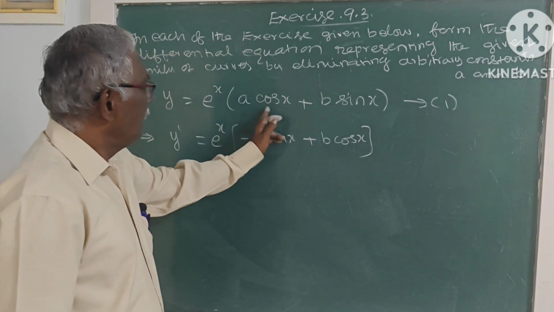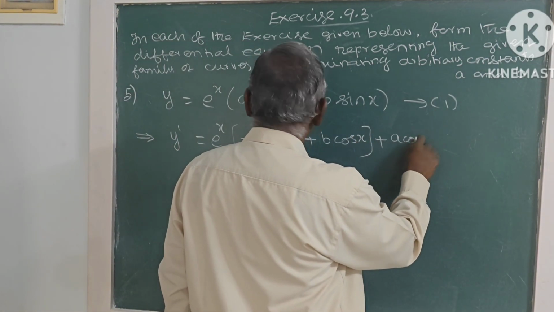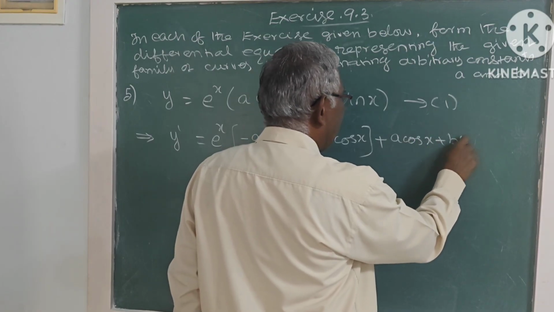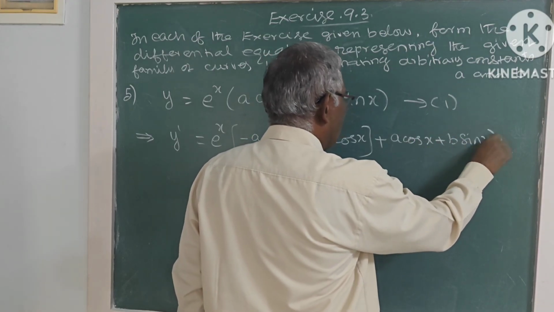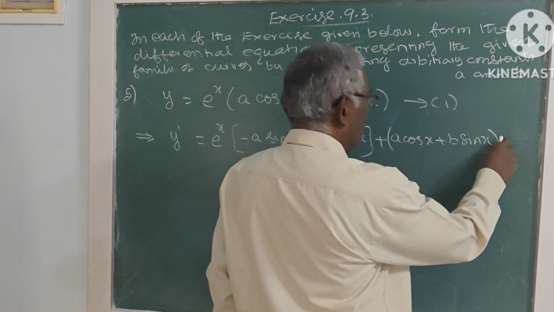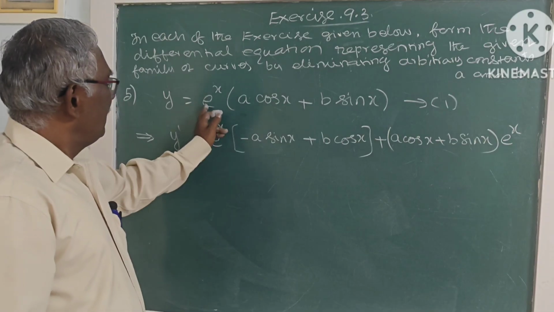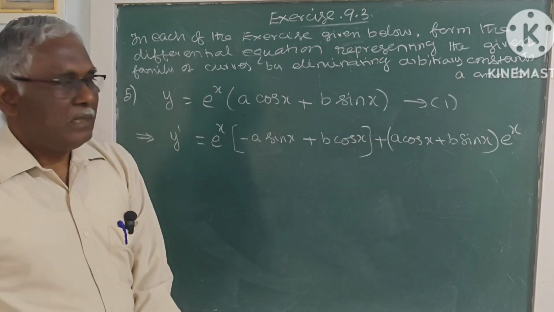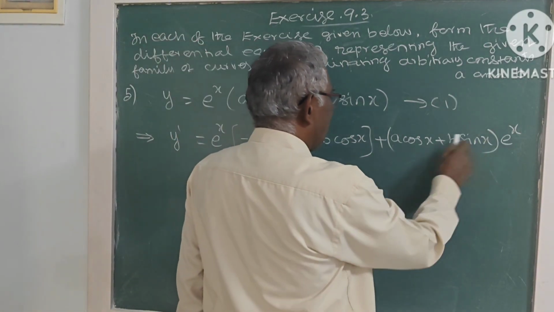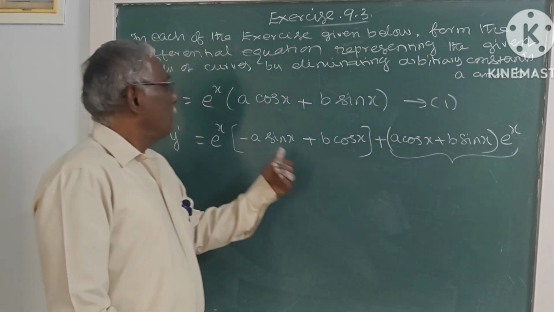Again plus a cos x plus b sin x. Now we have to differentiate e power x, we'll get e power x. Now e power x into a cos x plus b sin x can be replaced by y.